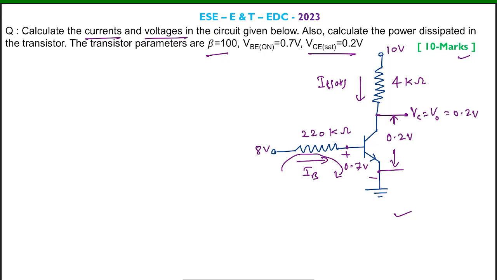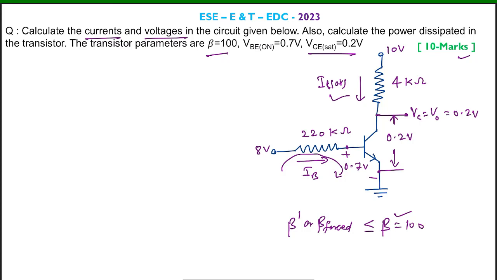Then we calculate this IC saturation, and then find the ratio of these two, which is called beta dash or beta forced. If this value is less than or equal to the given beta of 100, then our assumption that the transistor is working in saturation is correct. Otherwise it is working in active mode, and we need to find the parameters accordingly.